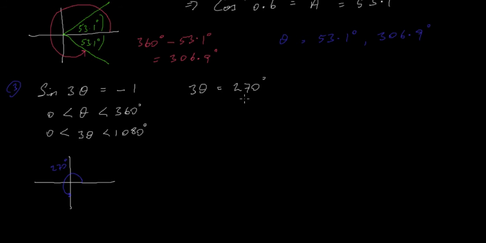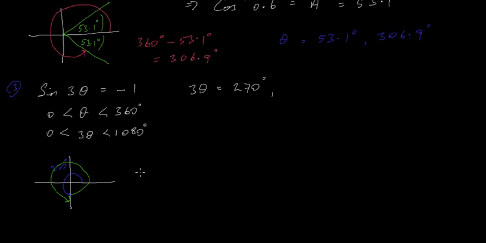What's our next angle? Well, if we go around 270 degrees and then go around again another 360 degrees. So in other words, we're going to go from here all the way around to here again. That angle from 0 all the way around to here will also have a sine of -1.